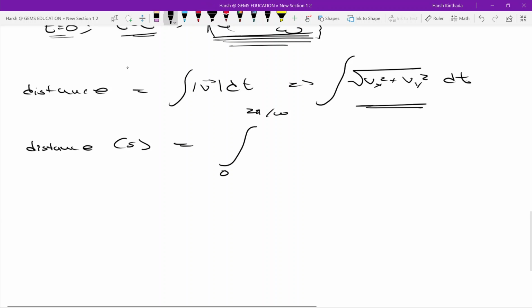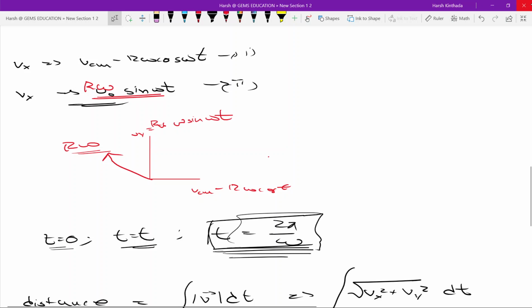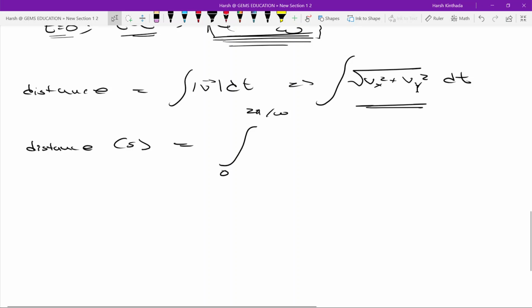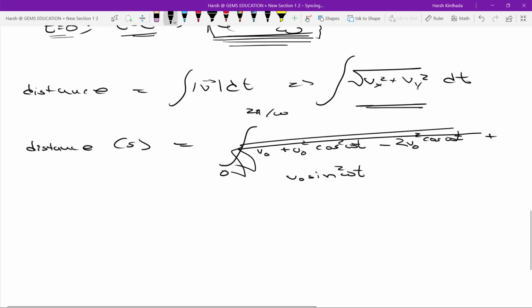All we have to do now is substitute Vx and Vy from the above values. We substitute Vcm minus r omega cos omega t, and r omega sine omega t as Vy, and then we get this huge expression: V naught square plus V naught square cos square omega t minus 2 V naught square cos omega t plus V naught square sin square omega t, all under the root, into dt. Let me write this down once again neatly.